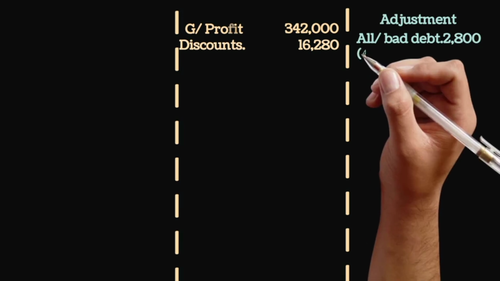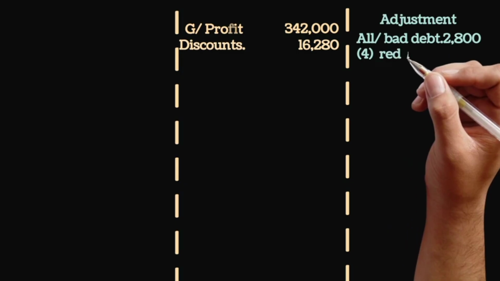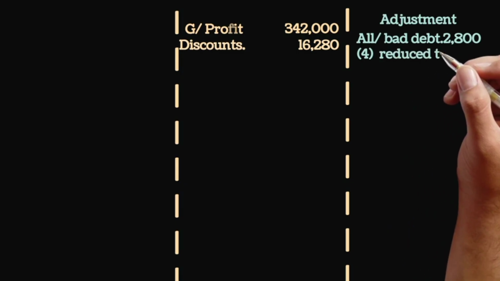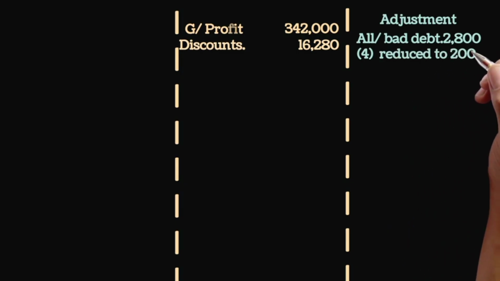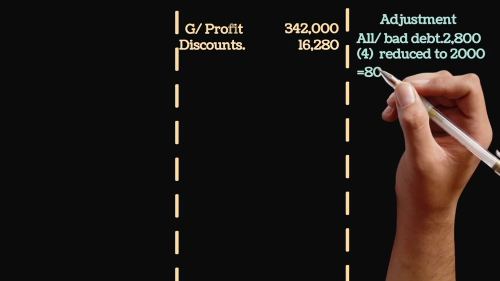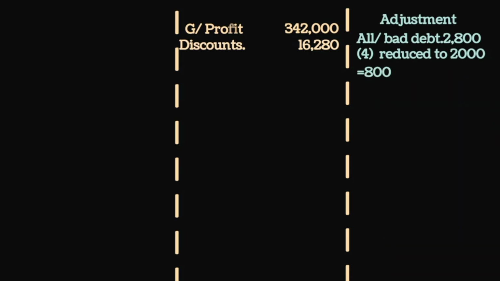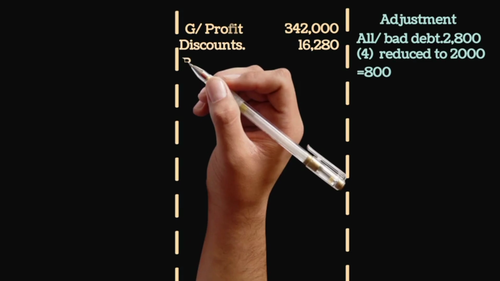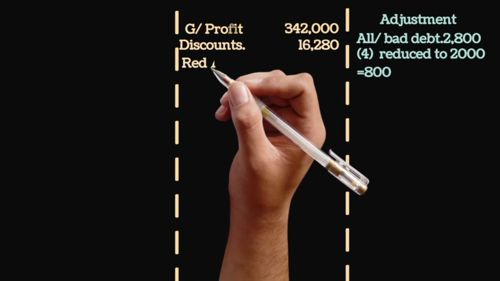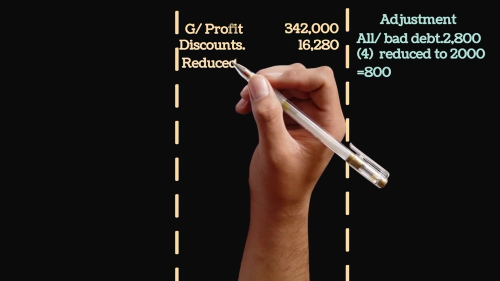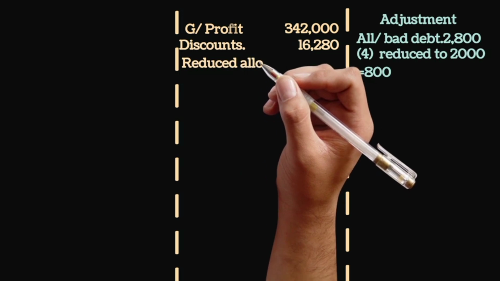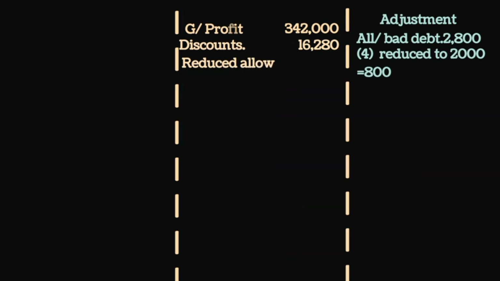Then there is a reduction in the allowance for bad debts from 2,800 to 2,000. So it is the reduction that becomes income. That is 2,800 minus 2,000, and the reduction is 800. So 800, which is the reduction in the allowance for bad debt, becomes an income.